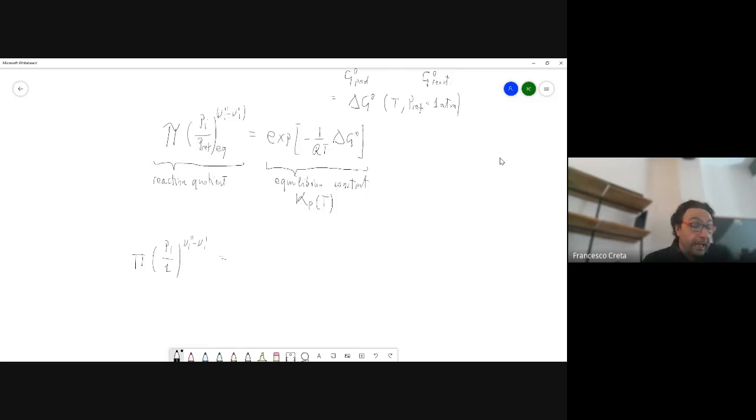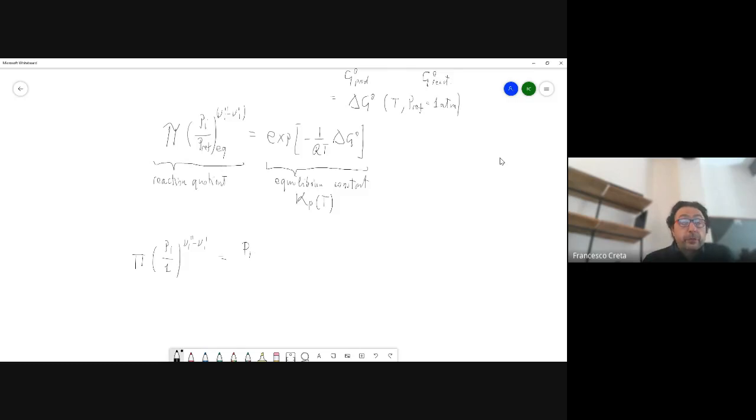So you see that we have essentially products of a numerator and a denominator, essentially, okay? Because you see we have an exponent here which is positive and then an exponent which is negative. So we can rewrite this in the following way.